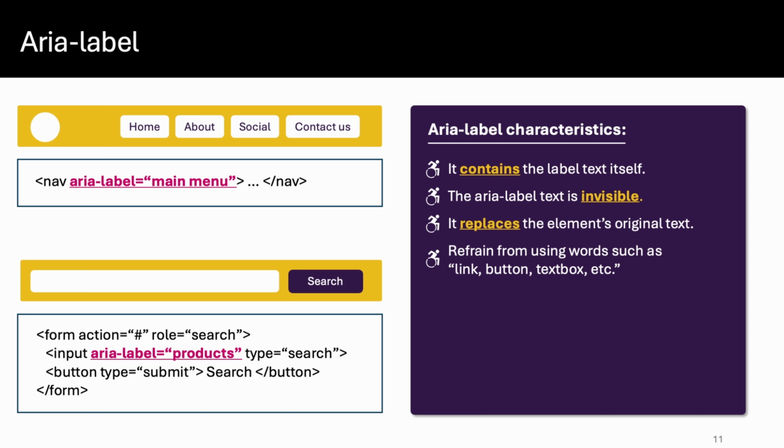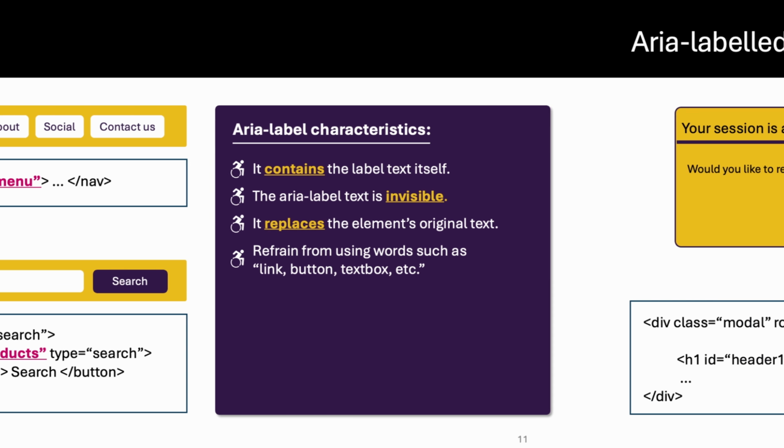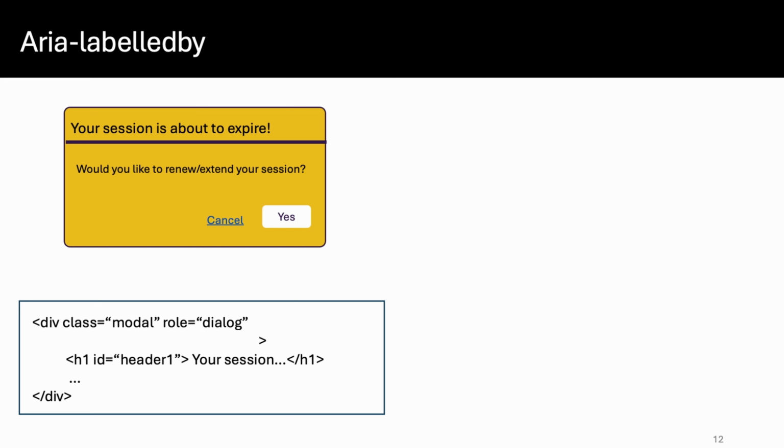That's why name, role, and value are critical to the success of ARIA. So a screen reader, when you're using aria-label "search button", will announce "search button button". That is redundant information which is not needed. So avoid using keywords.